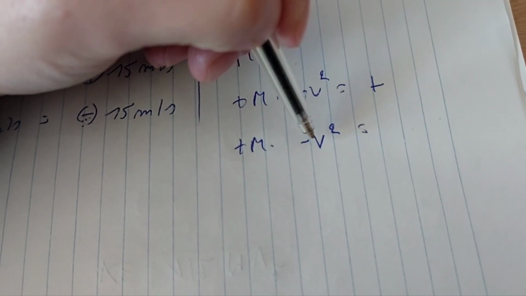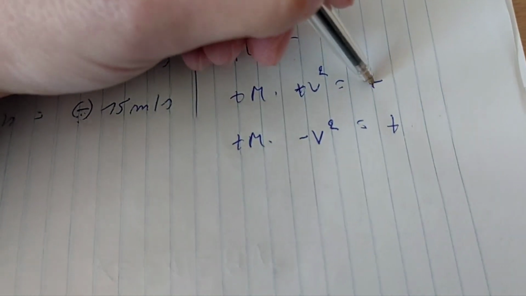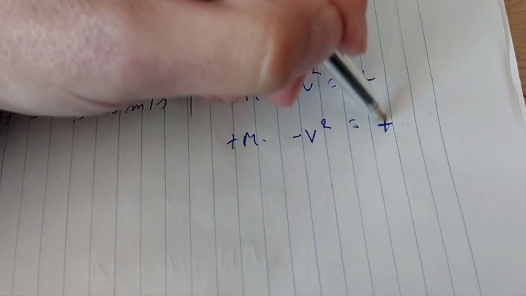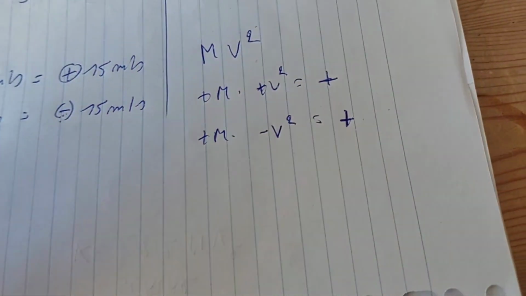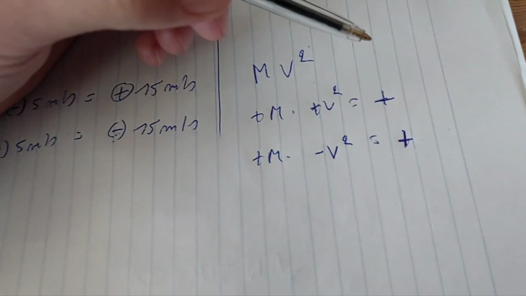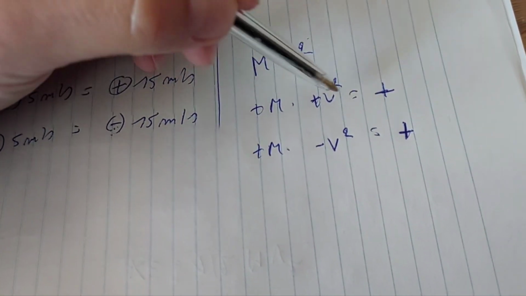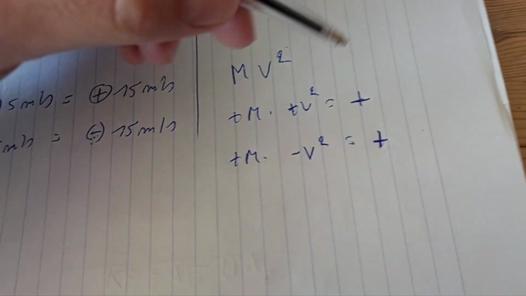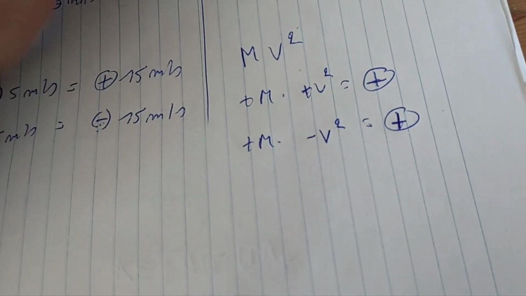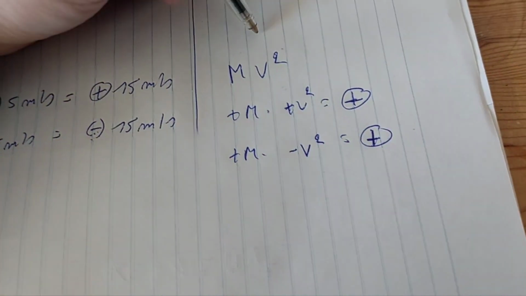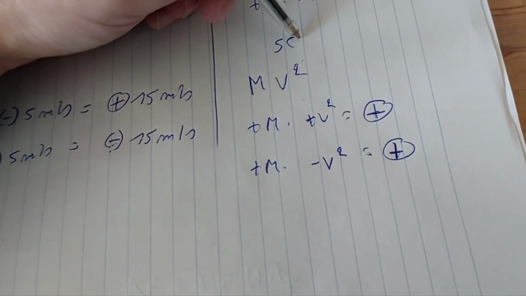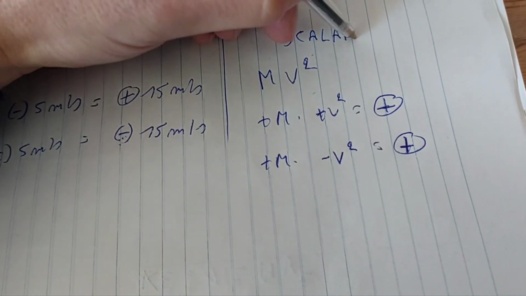Negative times negative, that also equals positive. We know that. So this means that it doesn't matter in which direction something is going, the outcome will always be positive, right? So this means that it's a scalar. Kinetic energy is a scalar.